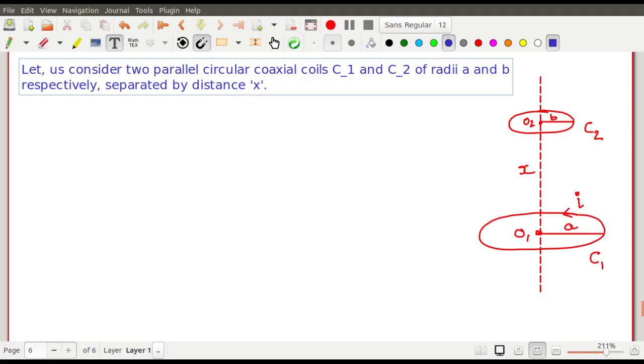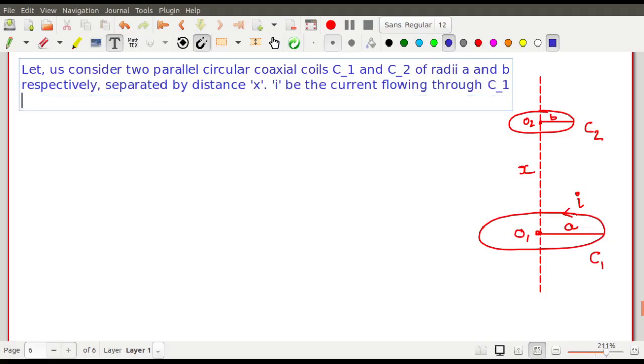Let I be the current flowing through C1, which induces an EMF in C2.